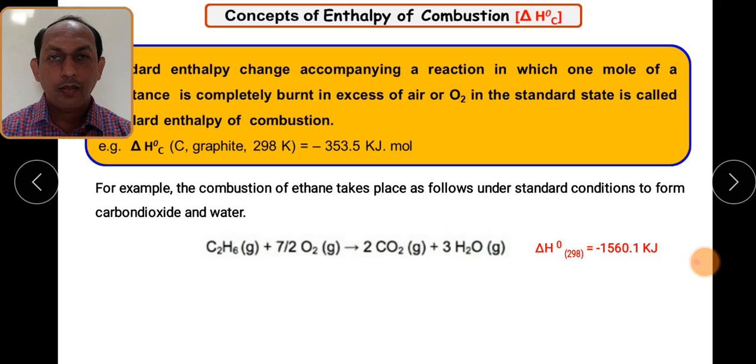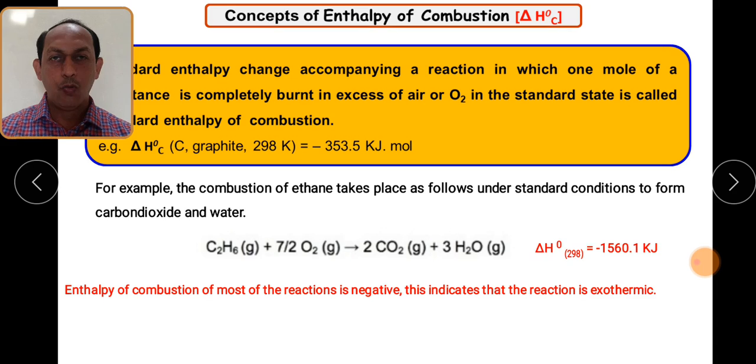The minus sign indicates that during this particular reaction heat is given out, so this is an exothermic reaction. Most combustion reactions have negative values of their standard enthalpy of combustion. We have to understand that the negative sign means the reaction is exothermic, that is, the heat is given out.